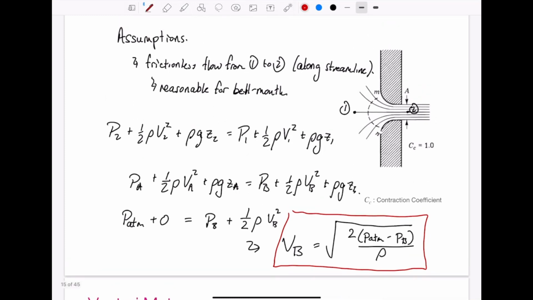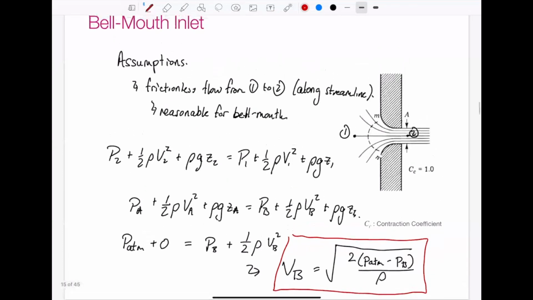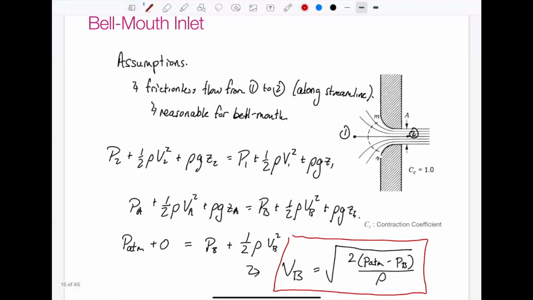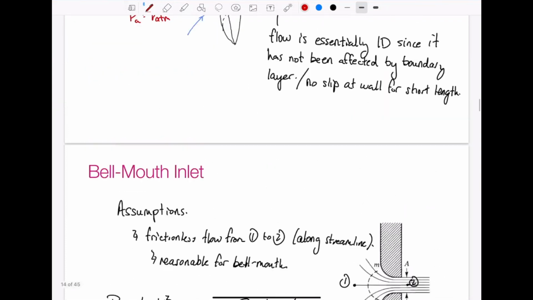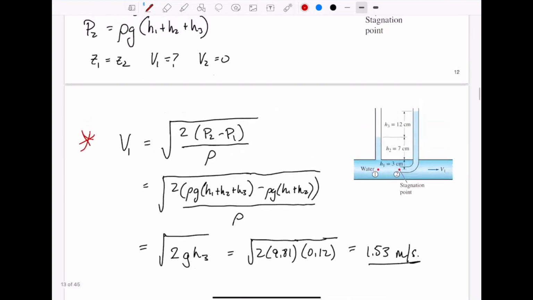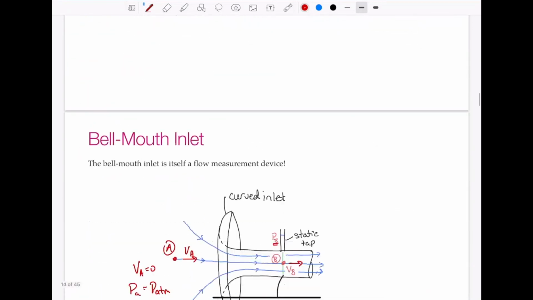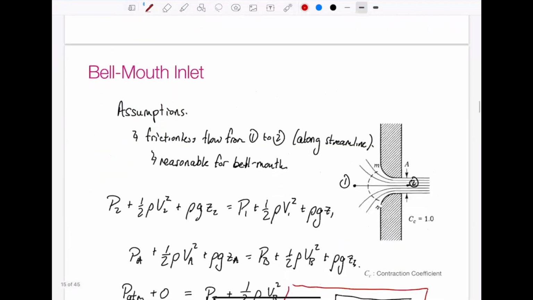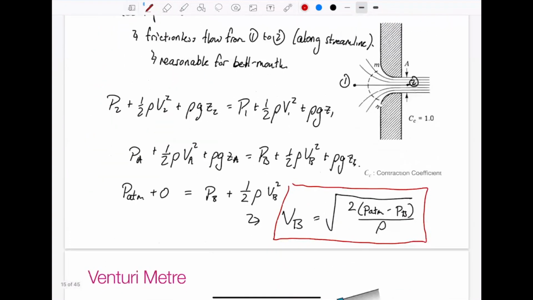The difference between the velocity calculation for a bell mouth and for a pitot-static tube is that we're using our atmospheric pressure instead of that stagnation pressure. Remember over here we had P2 as our stagnation pressure. If you ever forget these equations, just remember one form of Bernoulli's equation and you can always find these equations.